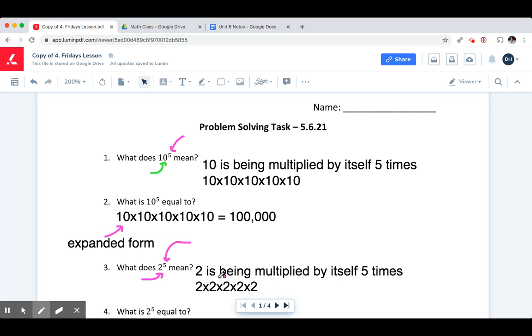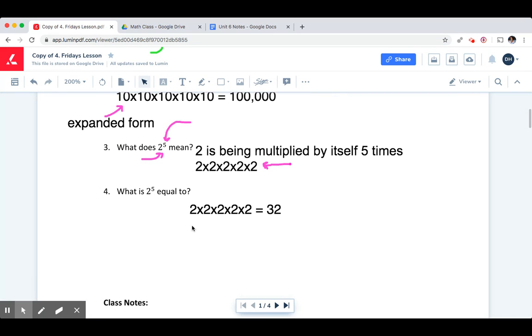So 2 is being multiplied by itself 5 times. The expanded form number sentence that matches that is 2 times 2 times 2 times 2 times 2. So 2 to the power of 5 means 2 times 2 times 2 times 2 times 2. 2 is being multiplied by itself 5 times.